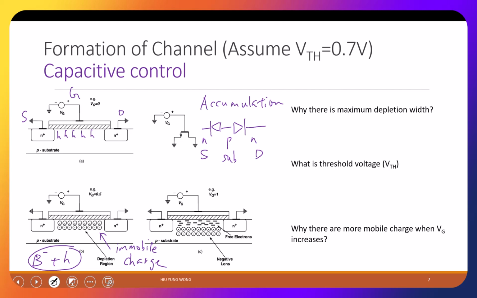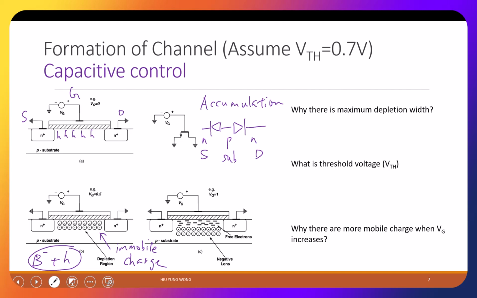Okay? Can I conduct any currents from source to drain in this case? I have N-type, I have negative region, I also have N-type. You cannot, because the middle one are immobile. Just imagine it's just like a water hose. On the left you have water, on the right you have water. In the middle you only have ice.